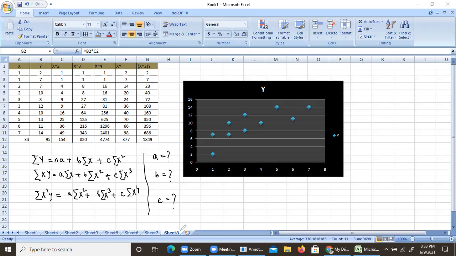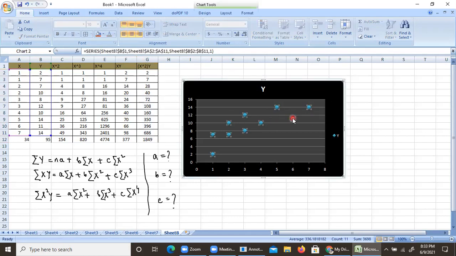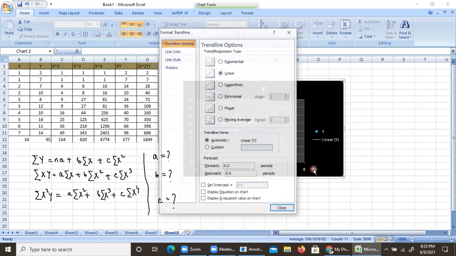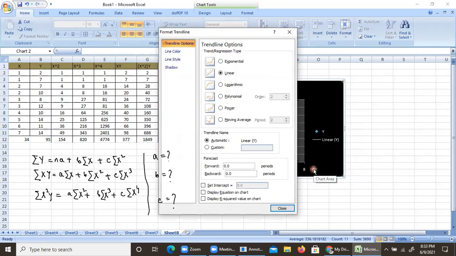But before I close this particular page, I can at least check what sort of curve it shows with respect to this data. So as before, we can choose this polynomial curve, a second degree polynomial curve.